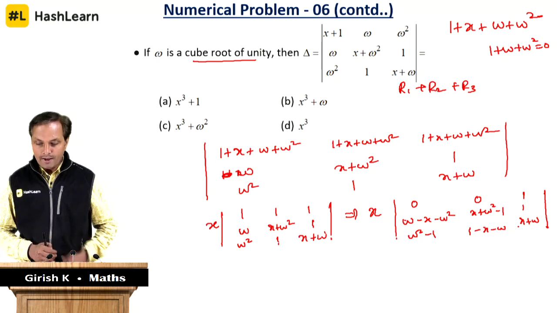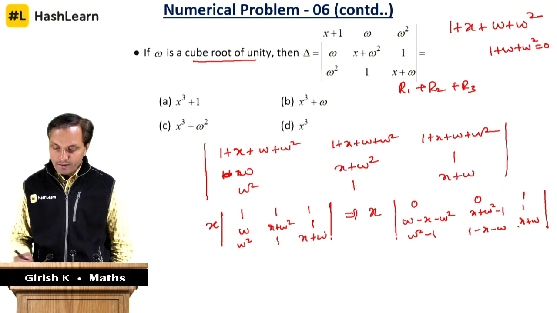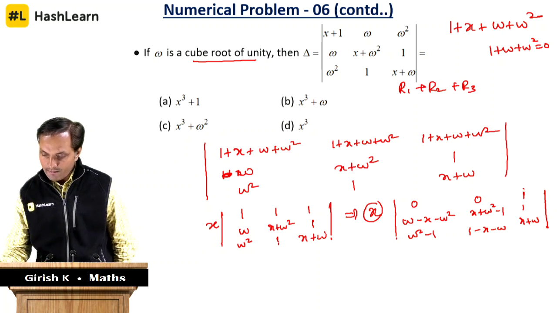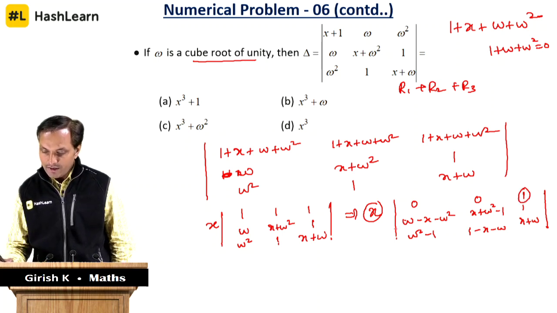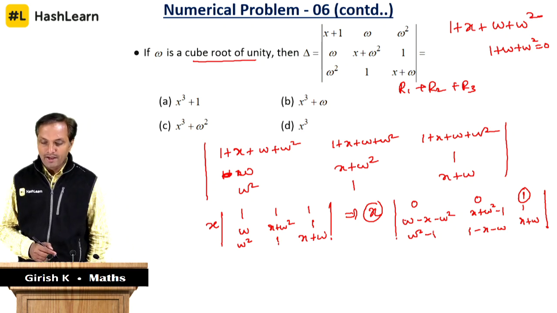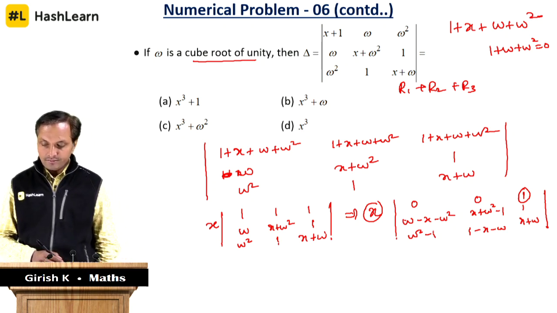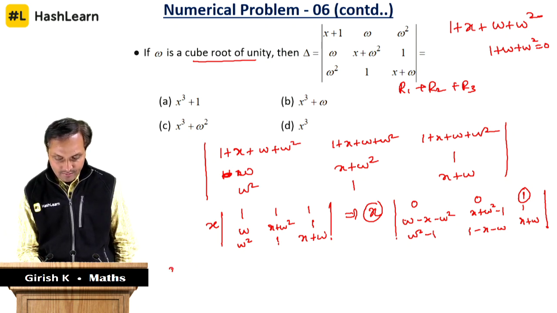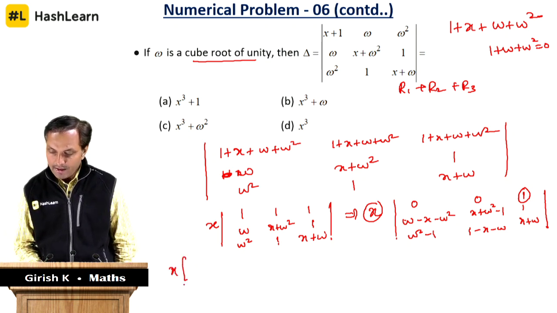Now you should be very careful. What you need to do now, you have x here and you have 1 with the determinant of these two. So be careful, you have many terms there. If you do the simplification, x is outside. Be careful, I am going to multiply this with this.